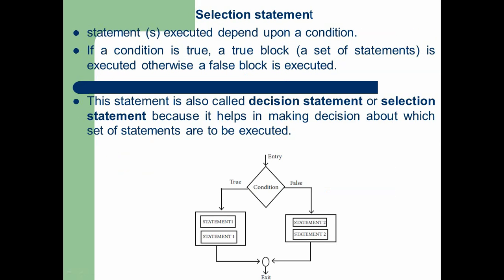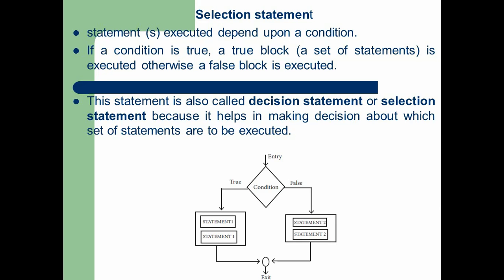Now we are going to see the next statement, called the selection statement. This statement executes depending upon a condition. For example, if a condition is true, then the true block, meaning a compound statement, is executed, otherwise a false block is executed. So there are two blocks in a selection statement, one true and another false.